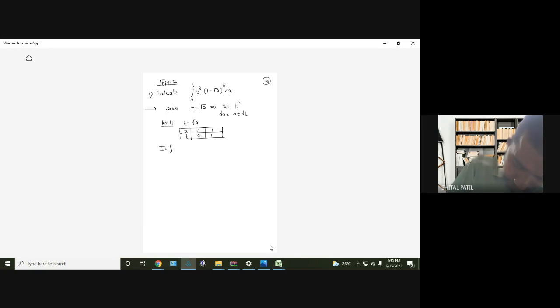Therefore, the given integral will become, no change in the limits, x is t square, okay, to outside. Okay, now use this formula.